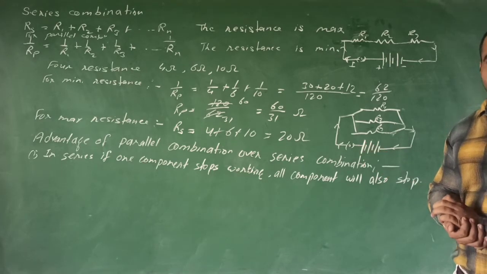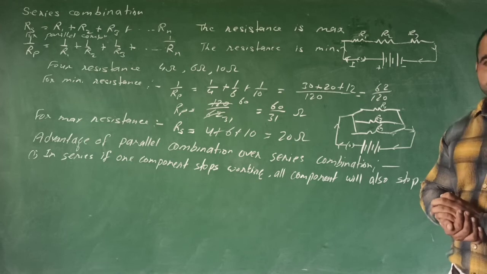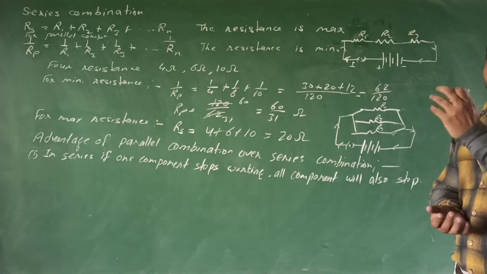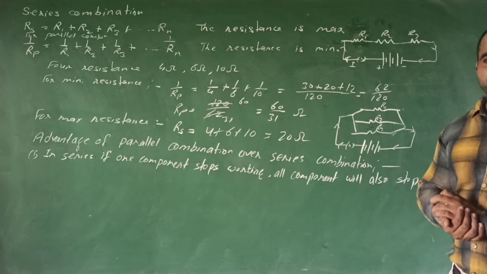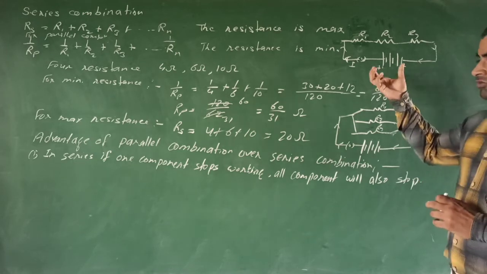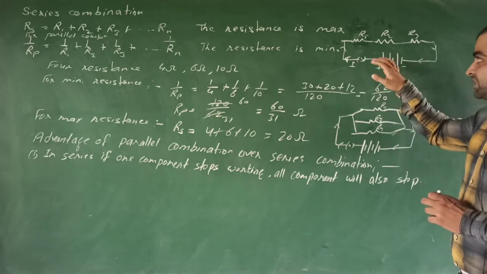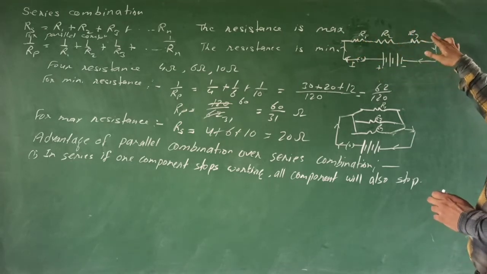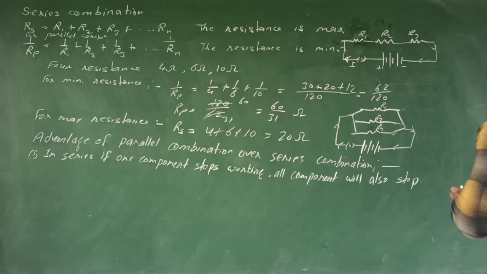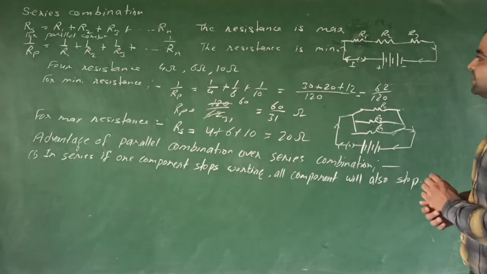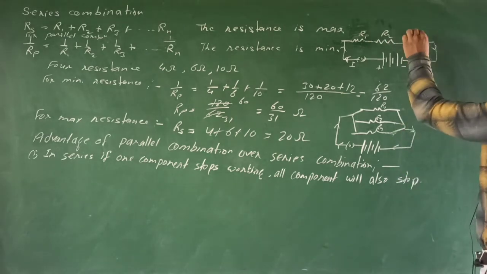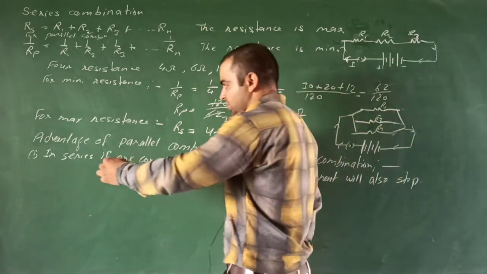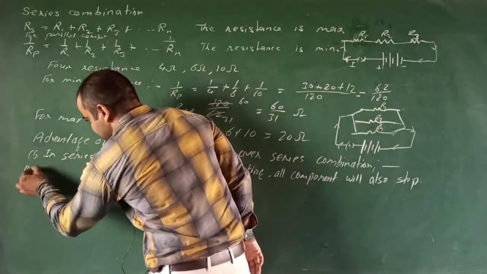At our homes, for electric iron, for fan, for LED, most of them have different needs of different values of current. But in series combination, the same current goes in resistance 1, resistance 2 and resistance 3. So it is also the drawback of series combination.